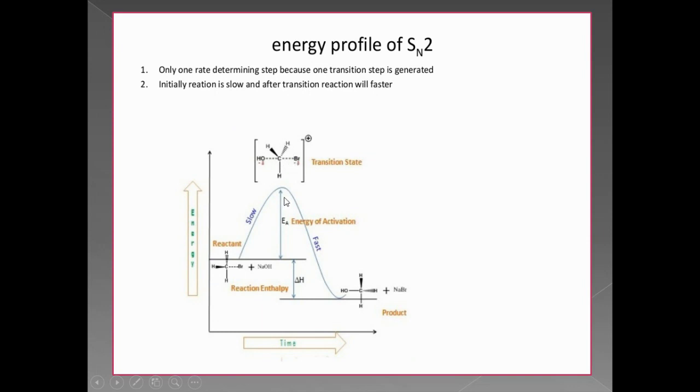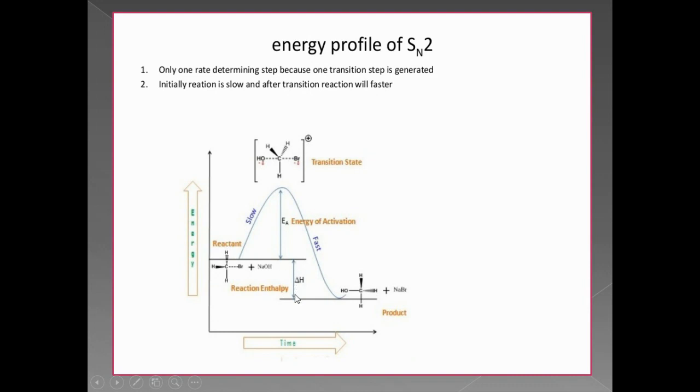Only one transition state is present here, and as the product is converted into methanol, CH3OH, it gains more stability and quickly comes to the ground state, the lower energy state, which is much lower compared to the energy of the substrate initially.